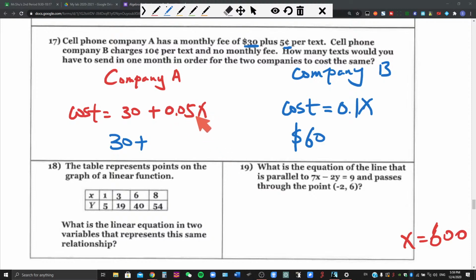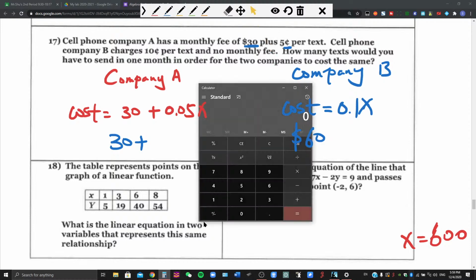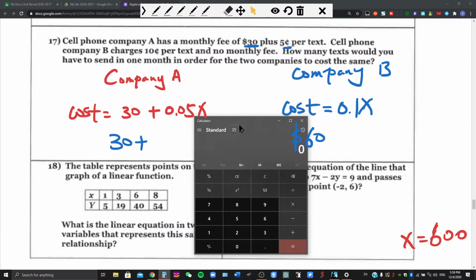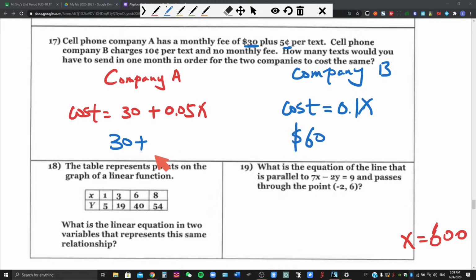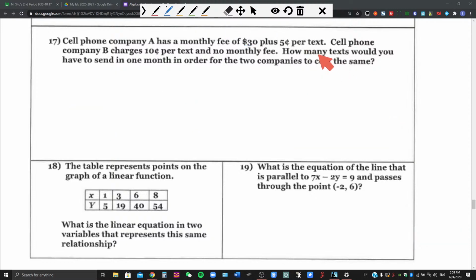That's going to be another 30. You can verify using the calculator. Okay, let's just verify. 600 multiplied by 0.05, that's 30. So it's going to be 30 plus 30, or 60. And you can tell that company A and company B will be the same cost at x equals 600. So the answer will be 600 texts.